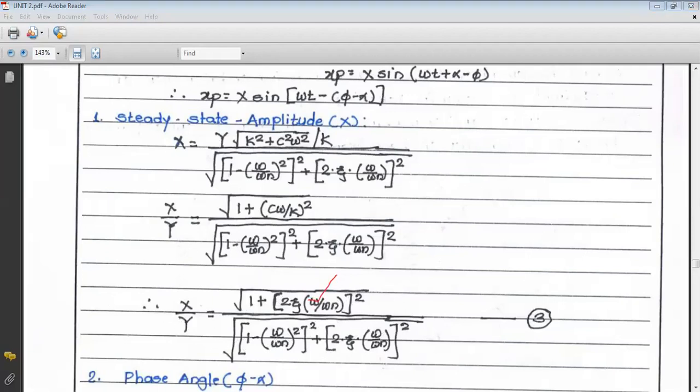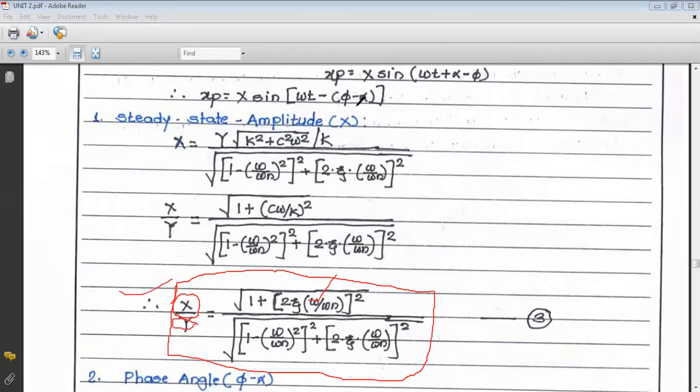So this is the steady state amplitude x when there is absolute motion. This x is your steady state absolute amplitude, and Y is the amplitude of base or support excitation. So this is the equation for steady state amplitude.